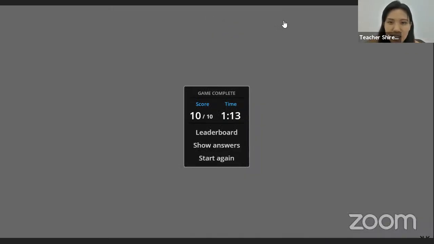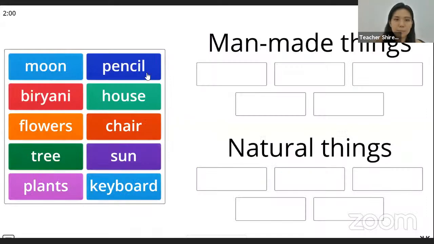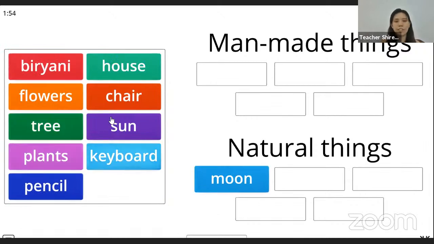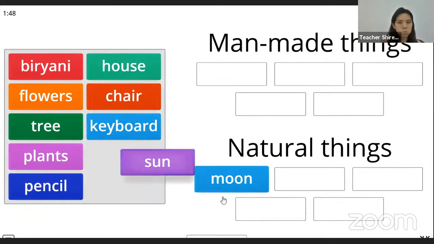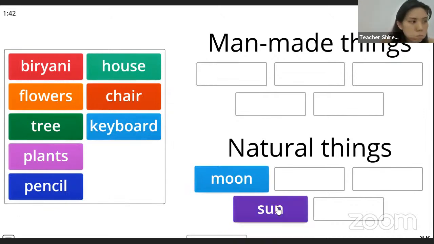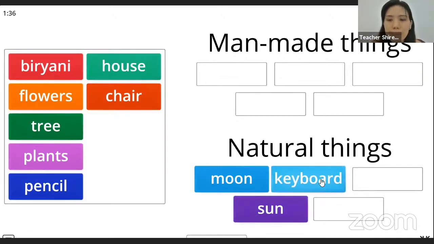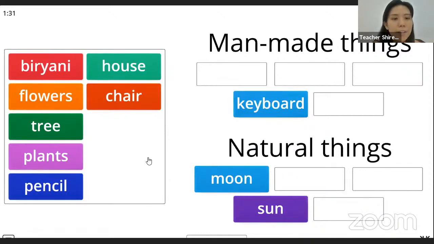Okay, last one, let me share with Charmaine. Okay, Charmaine, you have the control. Go ahead. Good. Moon. Awesome. Sunlight, the sun is a natural thing. Keyboard, I think you need to go through the factory to make it. Yes, it's man-made.